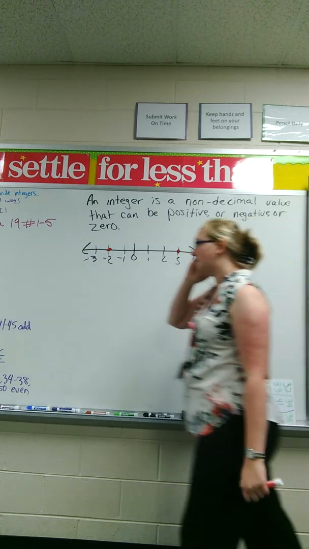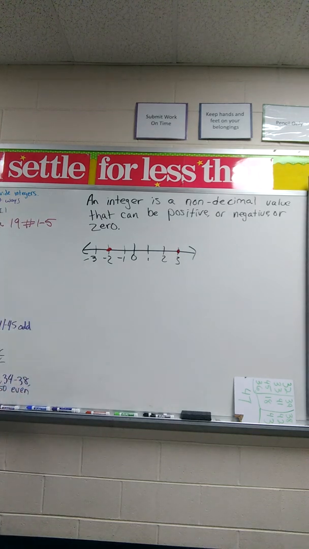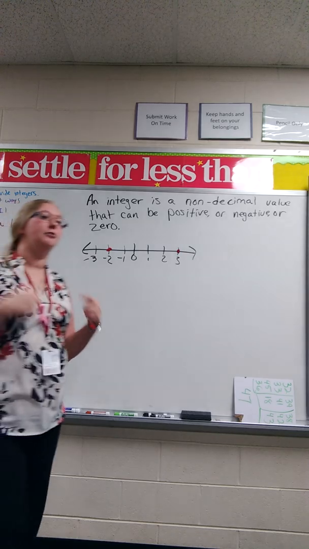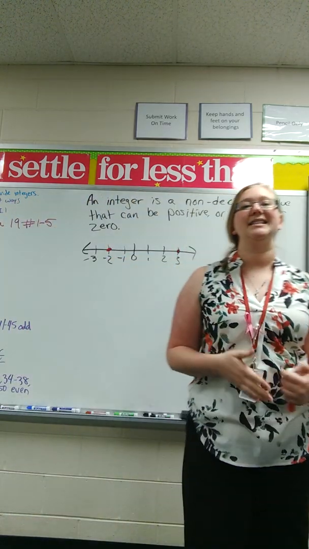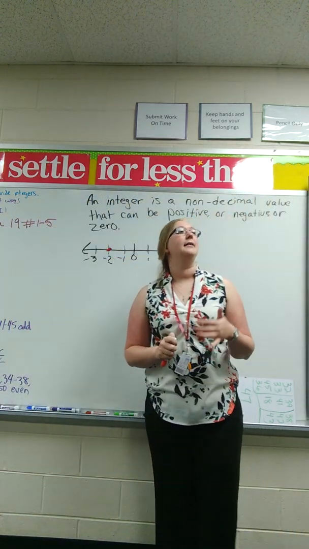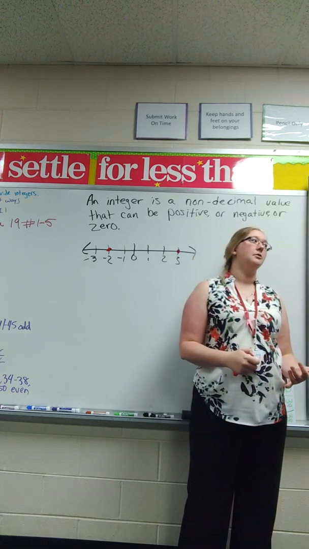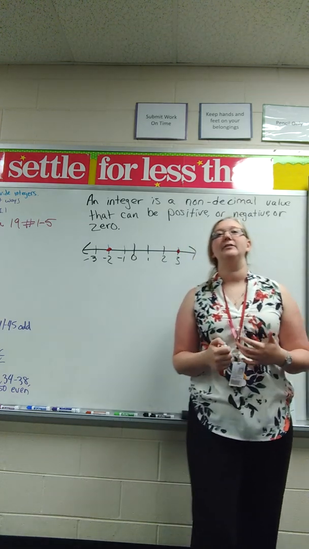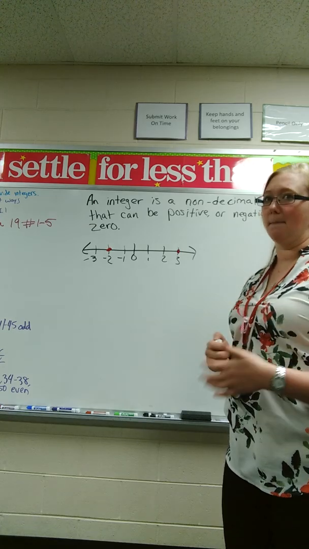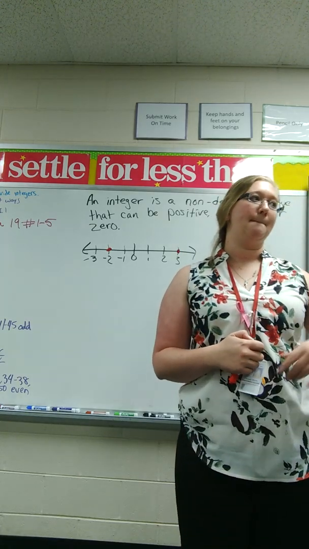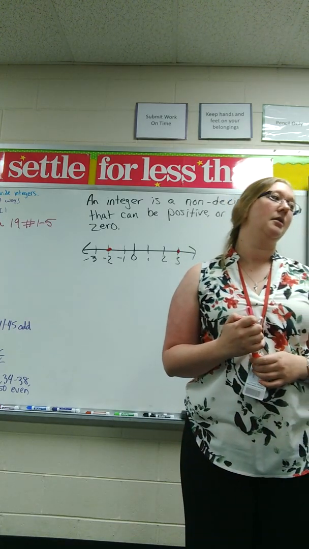Now let's go back and look at example 1 and 2 because I accidentally went in the wrong order. Example 1 says an average temperature of 5 degrees below normal. I need to write that as a number. How would I write 5 degrees below normal as a number?